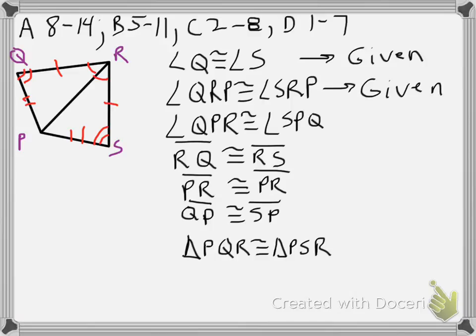Okay, and then they said angle QPR and angle SPQ, so talking about these angles right there. Those are the same. Well, if two angles in a triangle are the same, and we had that in the first two statements, these both had the first two angles in each triangle are the same, then the third angles must be the same.